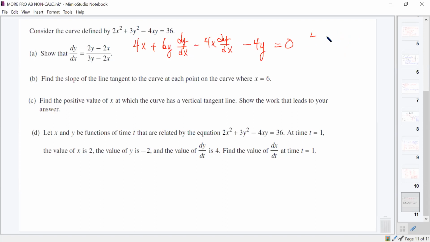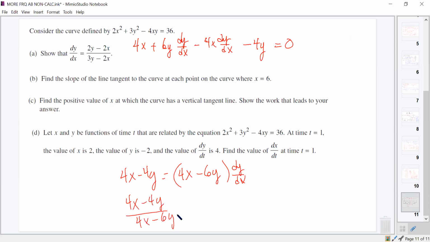So we've got 4x minus 4y equals 4x minus 6y times dy dx, if I take the 4x and the 6y to the other side and factor out the dy dx. So we got 4x minus 4y over 4x minus 6y equals dy dx.